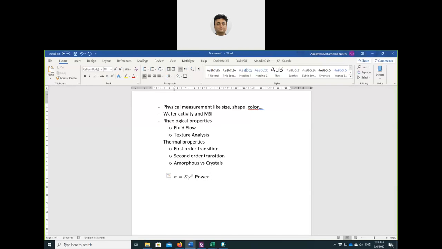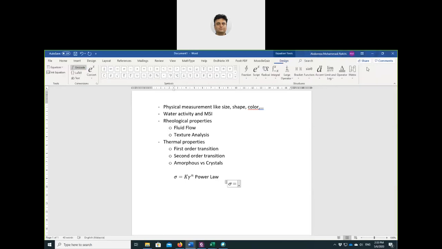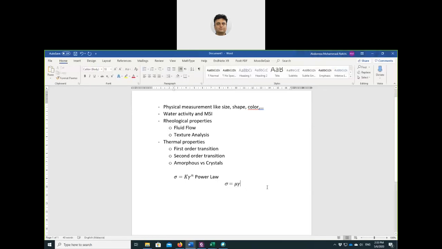For Newtonian, sigma is equal to mu, where mu is viscosity, times gamma to the power 1.